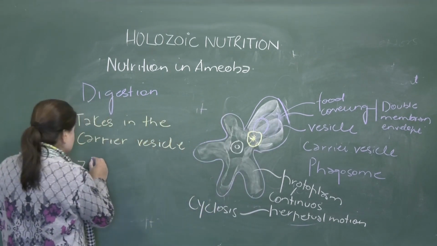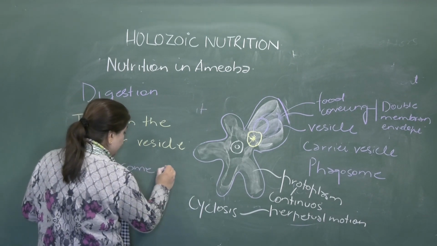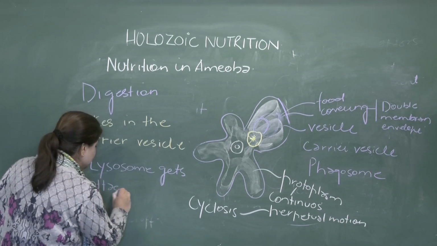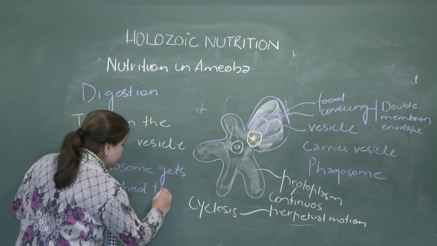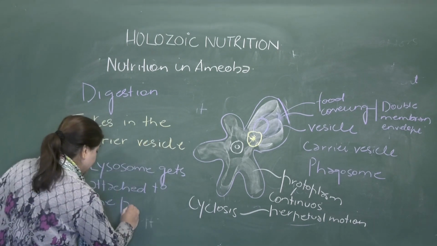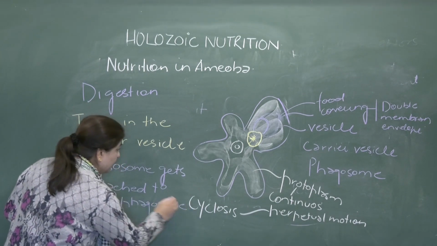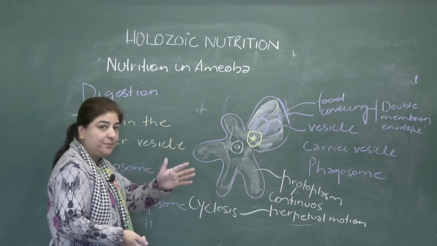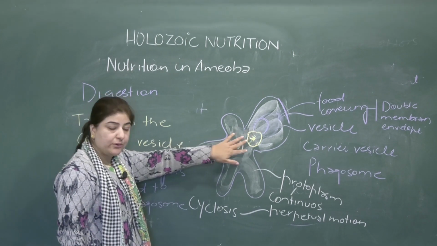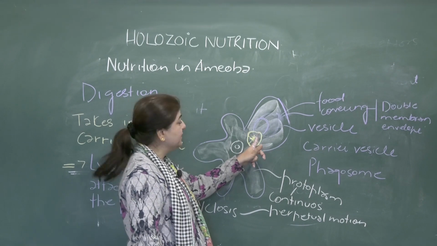Second step is the lysosome gets attached to the phagosome. First step was the cytoplasmic movement or cyclosis. That cyclosis brought the phagosome in, and then a lysosome got attached with this phagosome.